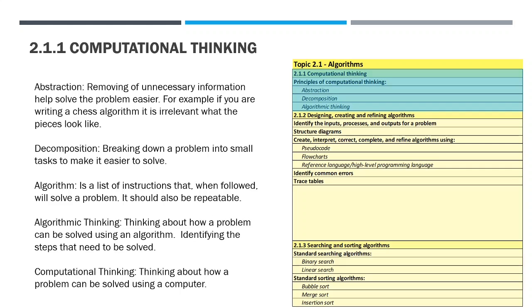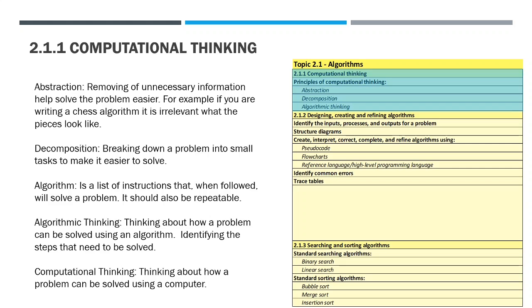In essence, it could play it using just numbers where 1 represents a pawn, 0 represents a blank square, 2 a bishop, 3 a rook, whatever, and so on and so forth. So you don't need to worry about those things with this algorithm. And so that would be abstraction, removing any unnecessary information to help solve the problem.